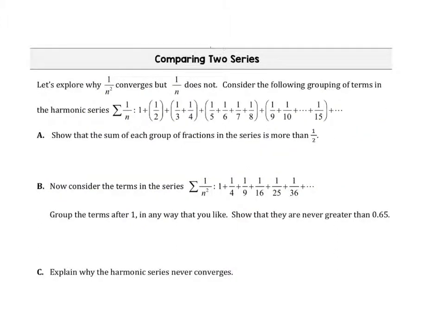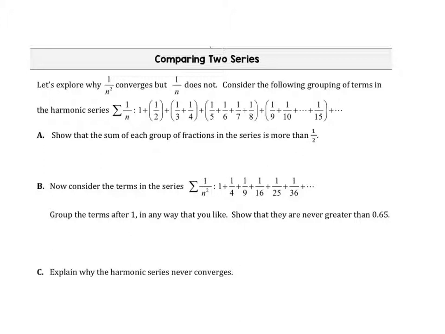Okay, so for our next part, we're comparing two series, and we needed to see why 1 over n squared converges, but 1 over n does not. So here we have the different series, and we can go through this grouping of values, and this was Bernoulli's way of proving this.